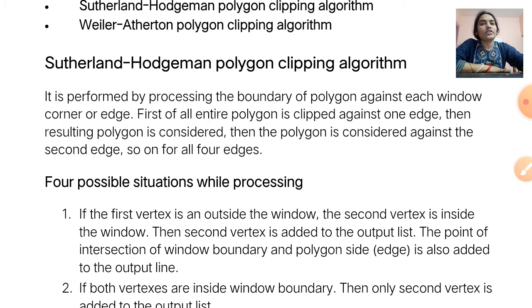In this algorithm, it is performed by processing the boundary of the polygon against each window corner or edge. First of all, the entire polygon is clipped against one edge, then the resulting polygon is considered against the second edge, and so on for all four edges.